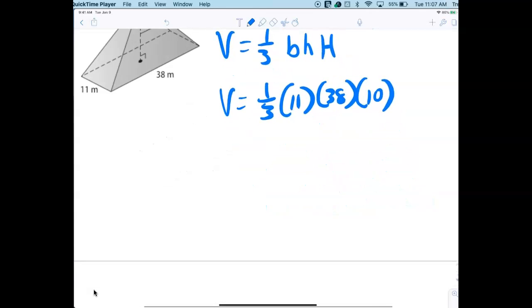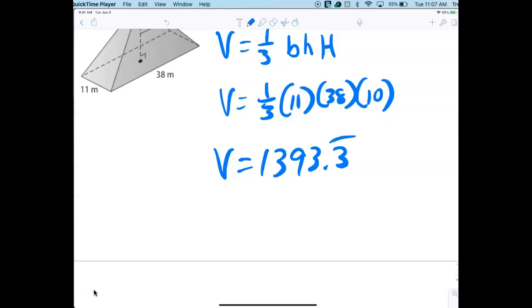Beautiful. Go. And that would be meters cubed. Or you could just change to 1/3, or you just put 0.3.